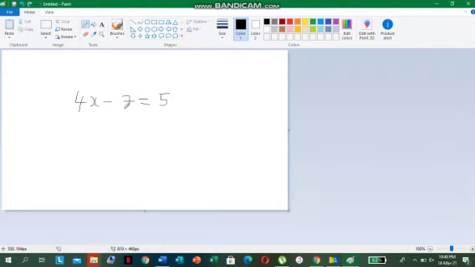Alright, so we have to add a 7 to get rid of this 7. Because remember, we are solving for x. So we have to add a 7 here. And whatever we do to this side, we also have to do to this side, right? So we add a 7 here as well.